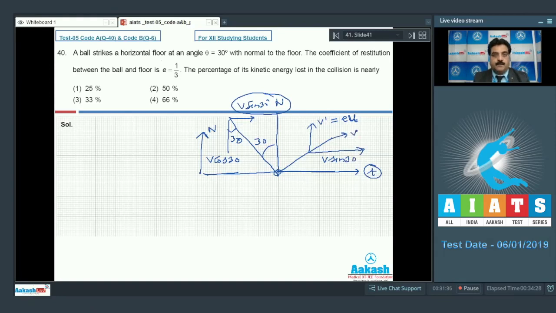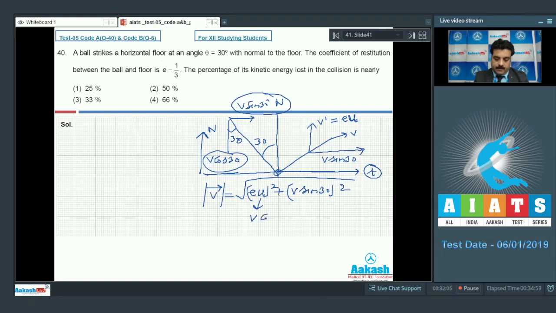I need the resultant velocity, so vector v is the square root of (e u) square plus (v sin 30) square, because I am looking for the magnitude. And I would like to repeat, u is the velocity of the ball before collision, and its value is v cos 30.